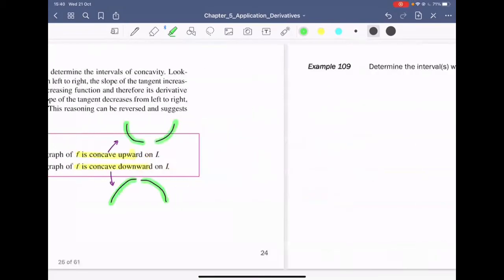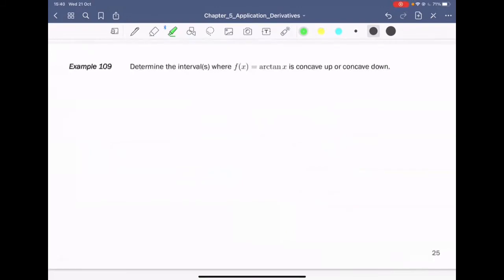All right, let's look at two small examples before we get to the graph section. Example 109. I want you to find the intervals where the function arctan x is concave up or concave down.